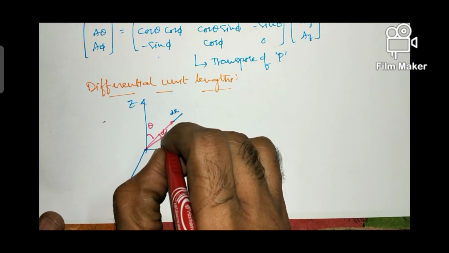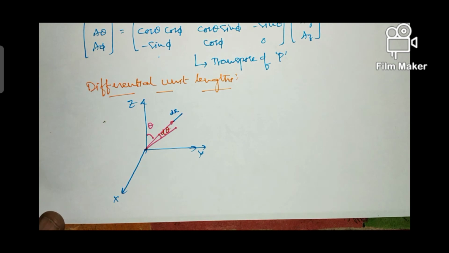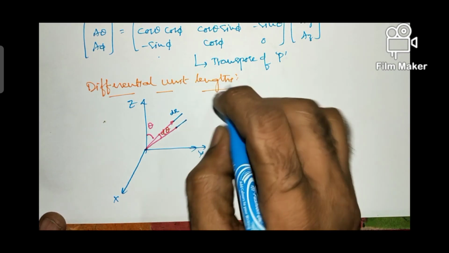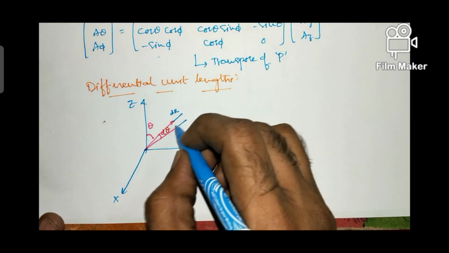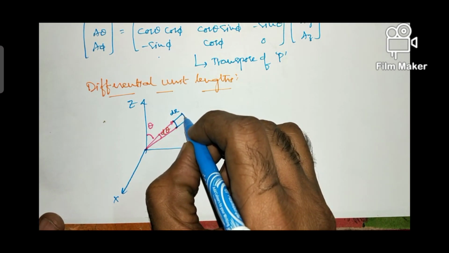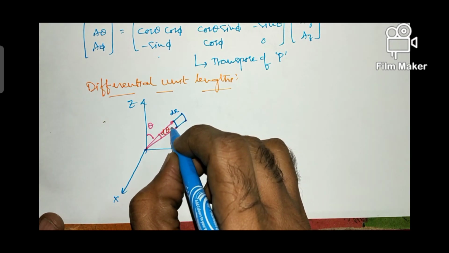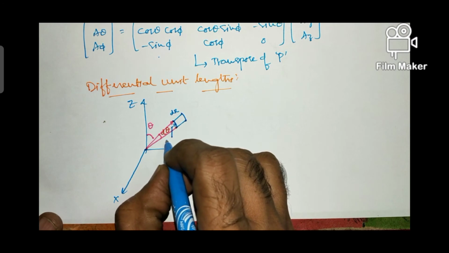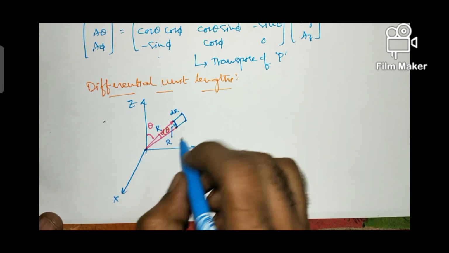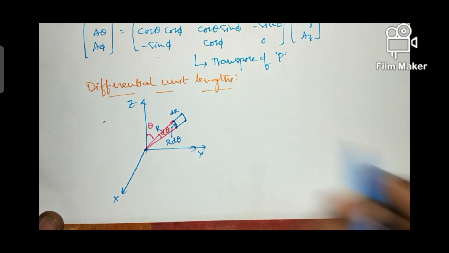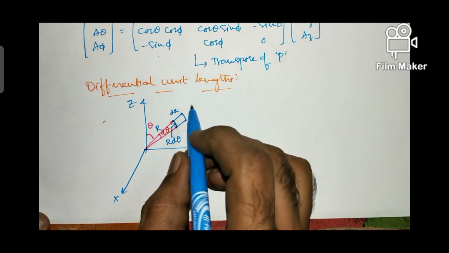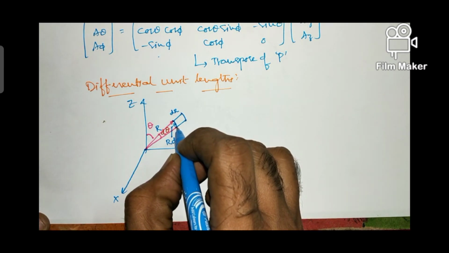Here this is also radial line r, and this smaller length will be dr. Now the arc length will be equal to radius multiplied by the smaller angle d theta. So this will be equal to r d theta. So we got two differential lengths, one is along r and another one is along theta.